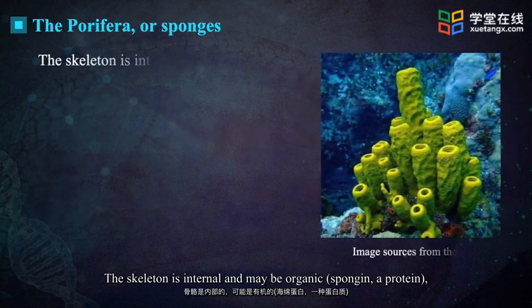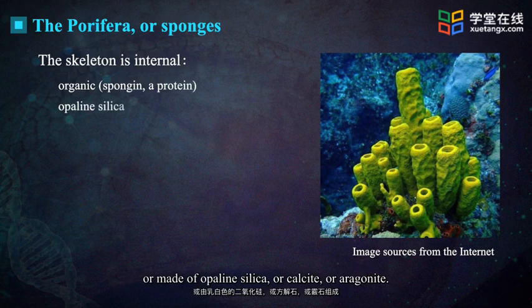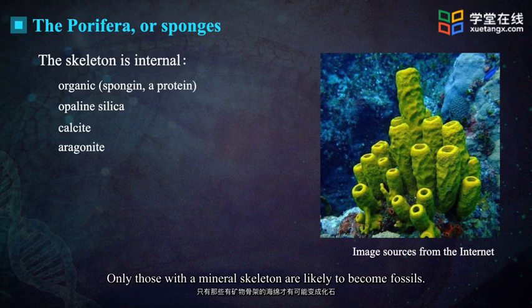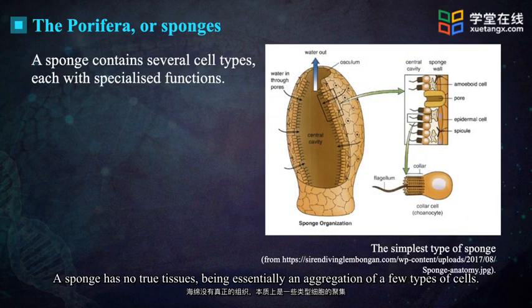The skeleton is internal and may be organic, or made of opaline silica, calcite, or aragonite. Only those with a mineral skeleton are likely to become fossils. A sponge has no true tissues, being essentially an aggregation of a few types of cells.